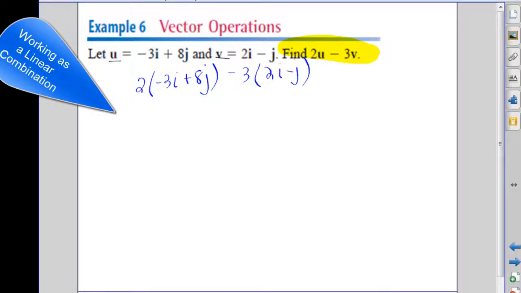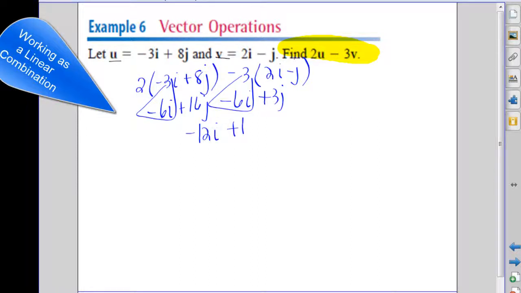Let's clean this up. So we've got -6i plus 16j minus 6i plus 3j. Combine like terms, so we've got -12i plus 19j. Now remember, as a linear combination, we're not expressing it as vectors, so we don't need vector notation.